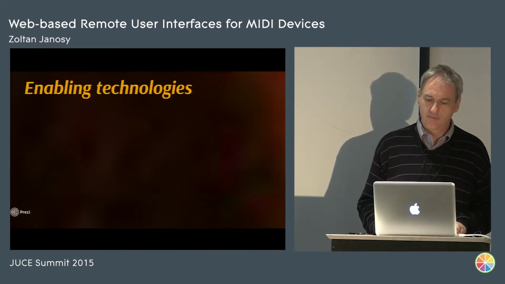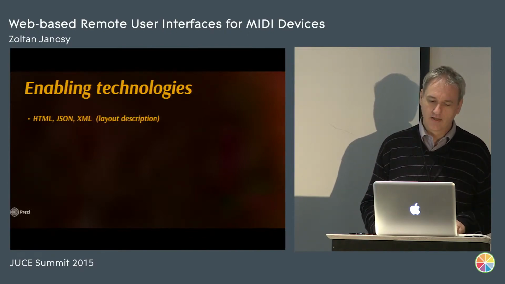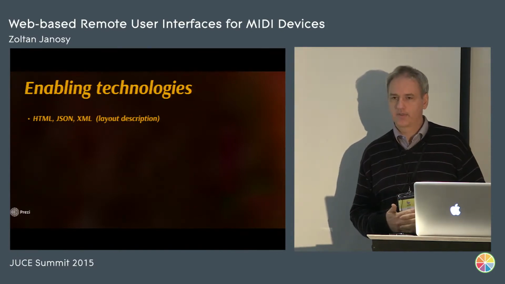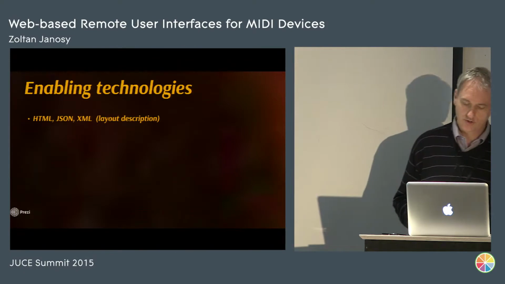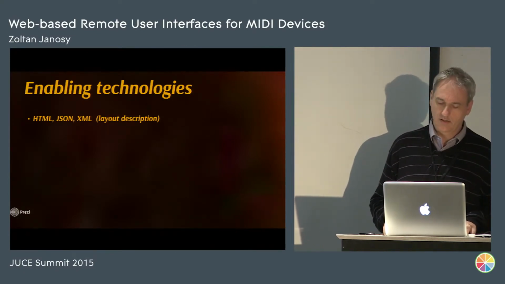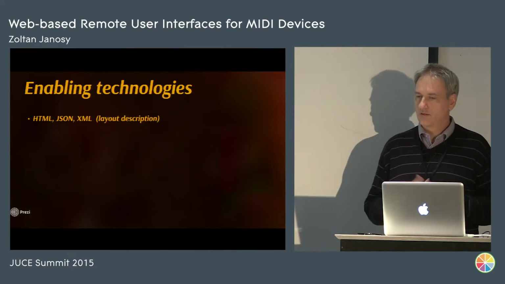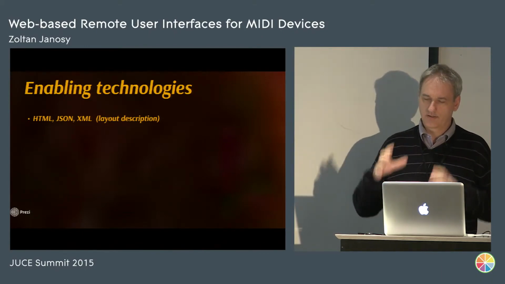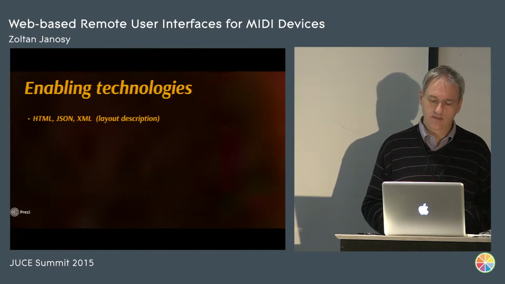So what are the enabling technologies that can be used? HTML is the language of the web. It's a hierarchical description language. It's the abbreviation of hypertext markup language. So one can use, of course, HTML to describe a user interface with widgets, but that's not the easiest way.